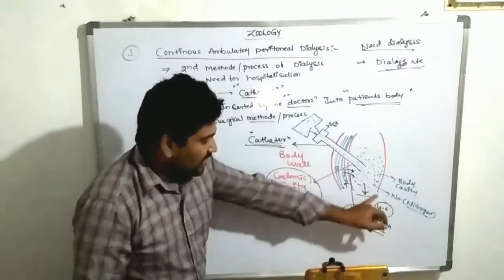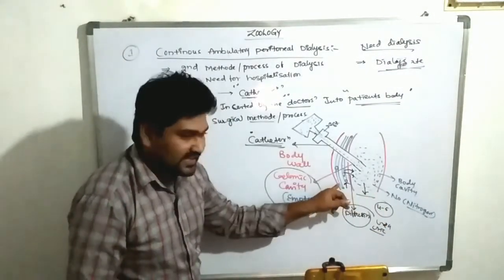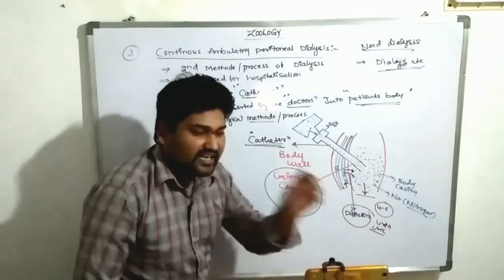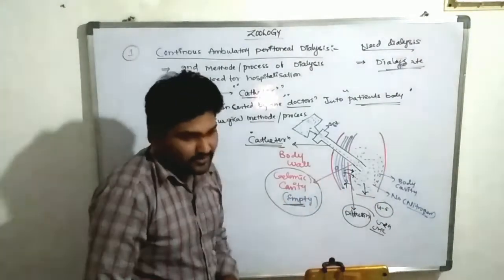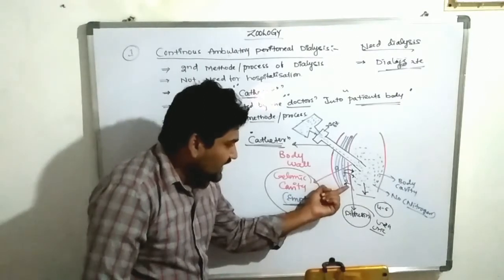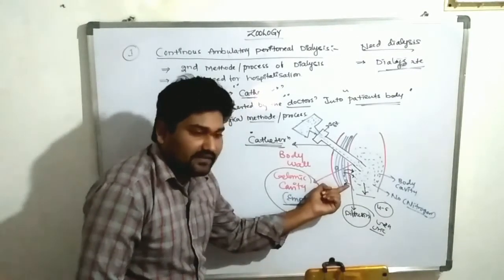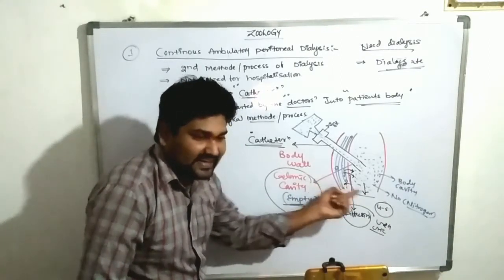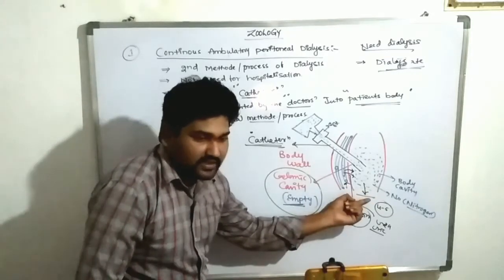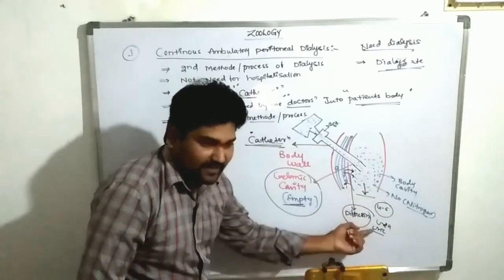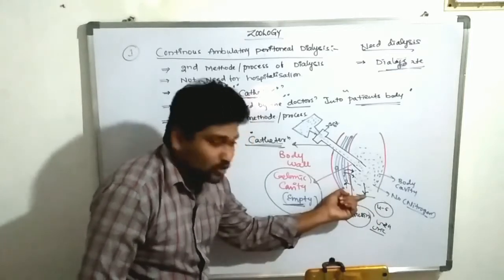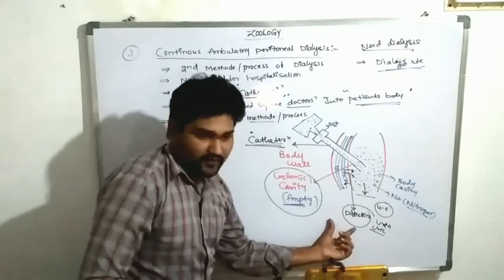So there is a very low concentration in the coelomic cavity and a high concentration in the body wall. From the high concentration, the nitrogenous wastes dissolve directly into which region? The body coelomic cavity, through the diffusion method.